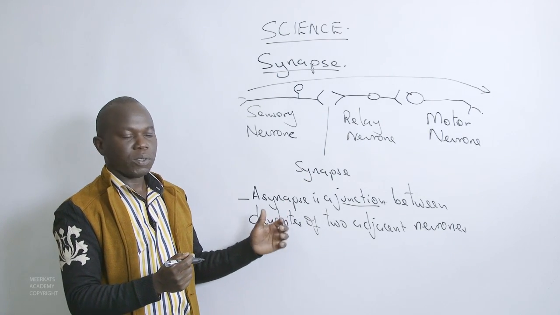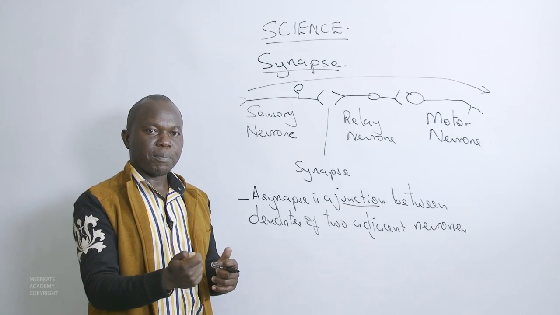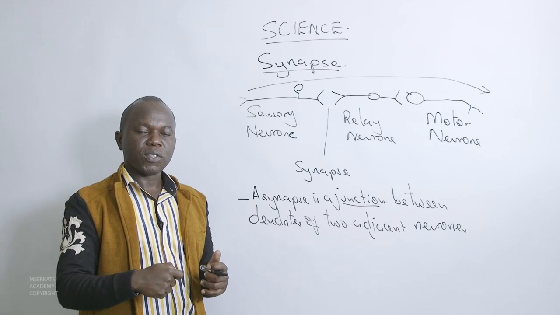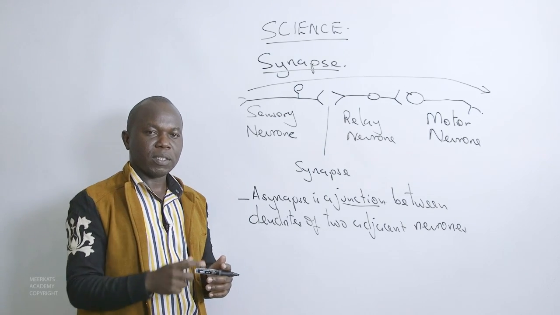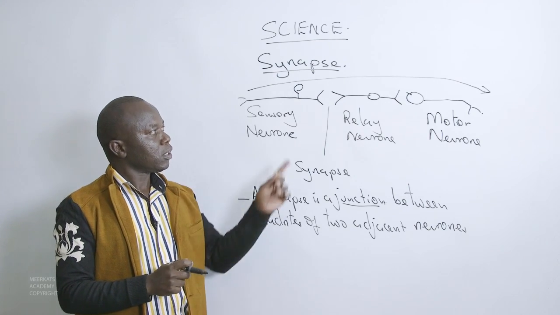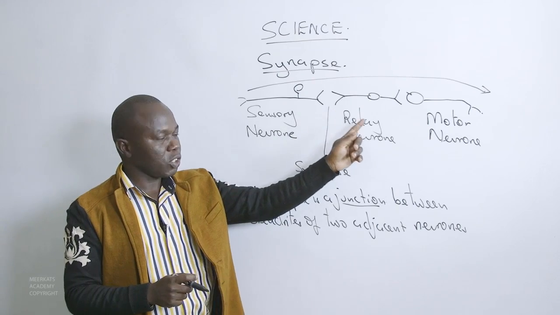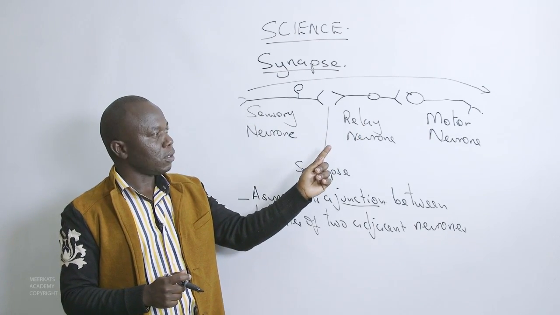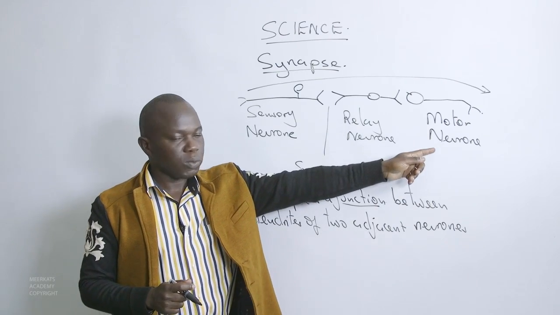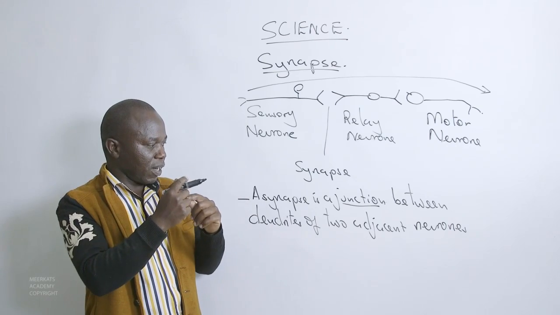And that synapse usually allows transmission of nerve impulse from one neuron to another neuron, but in one direction. The direction will always be the way we have just shown on the board, from sensory neuron to relay neuron in the central nervous system to motor neuron, then to effector. We cannot have the reverse.